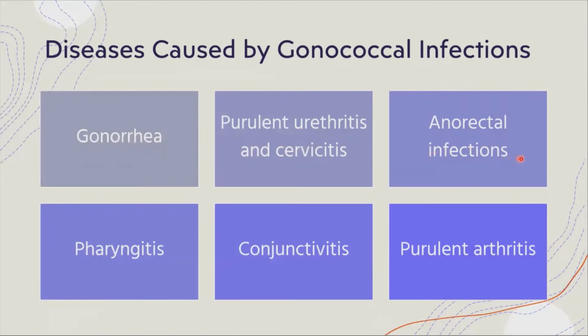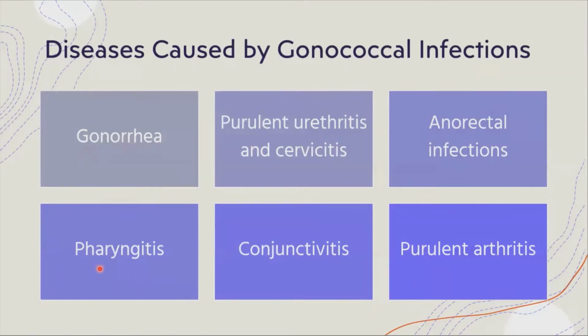Anorectal infections, kasi 'di ba nakukuha din yung gonococcal infection through unprotected penetrative anal sex. Kaya napupunta rin dyan yung ating gonococci kapag infected yung partner, for example.